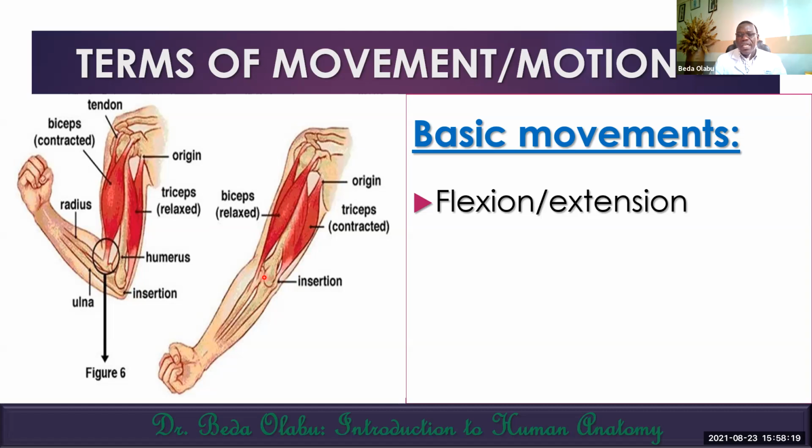You don't just say, this is flexion. It is important that you tell us this is flexion of the elbow. This is flexion of the wrist. This is flexion of the hip joint. This is flexion of the knee joint.